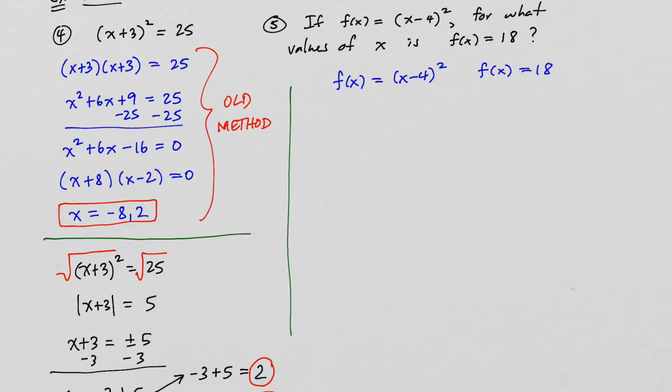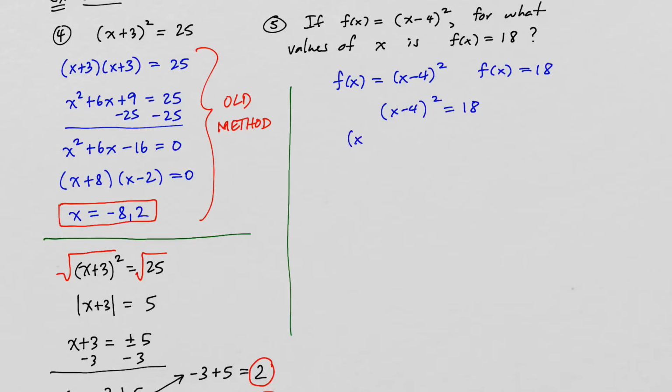And so if we want to know when does f of x equal 18, that's the same as asking when does x minus 4 quantity squared equal 18. So we are solving the equation x minus 4 squared equals 18.